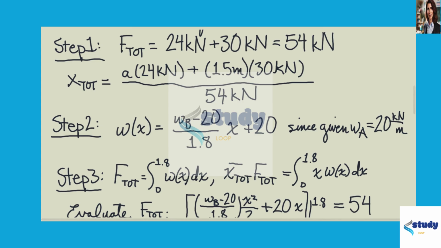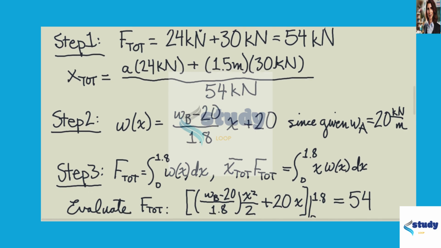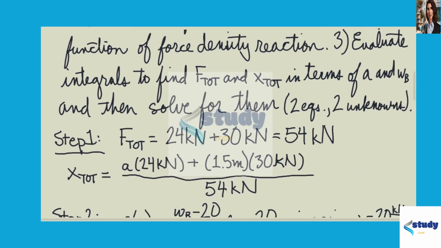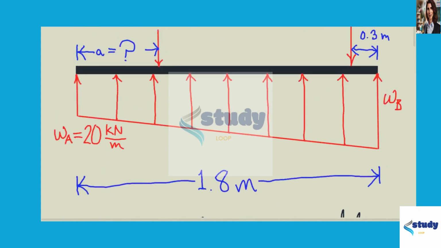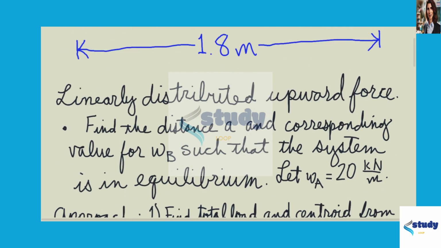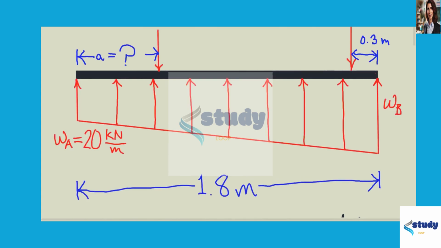For a linear function, we multiply the slope by the independent variable, the location along the beam, x, plus our offset. And here we're given an offset of 20 kilonewtons per meter. We should note that our coordinate system is such that x goes this direction and our y coordinate goes this direction.